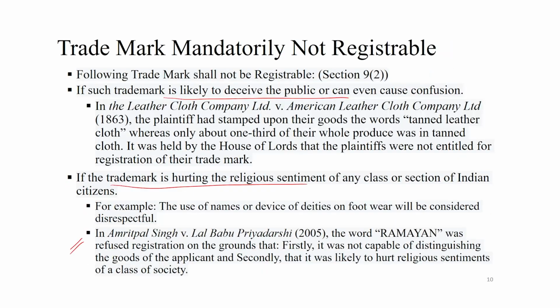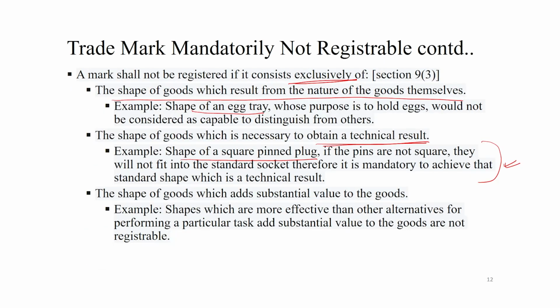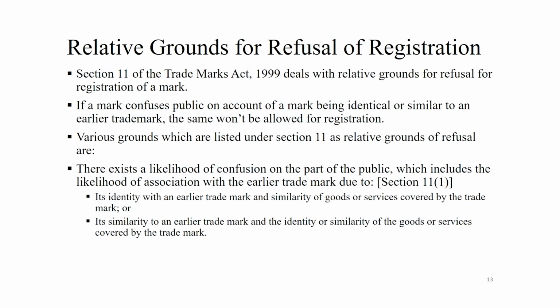We saw what is not registrable in 9(2): the mark should not be obscene, it must not be prohibited by the Emblems and Names Act, it must not hurt religious sentiments, it must not be deceptive, and it must not cause confusion. These are prohibited under 9(2) and 9(3). We also saw which shapes are prohibited.